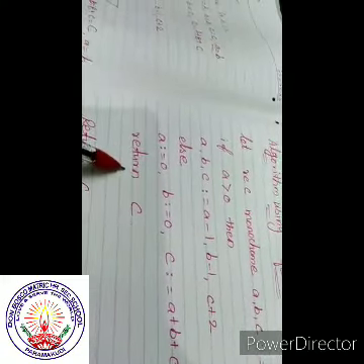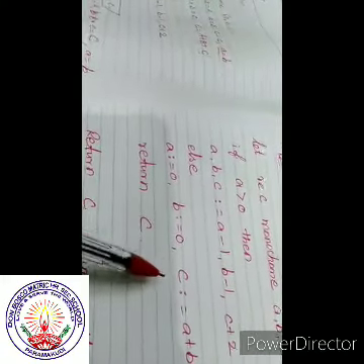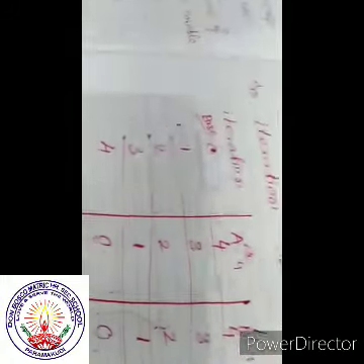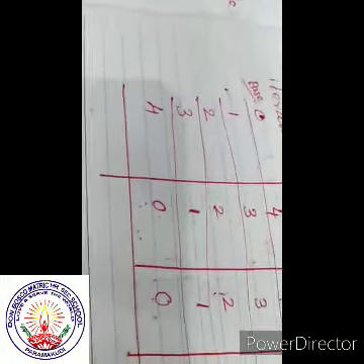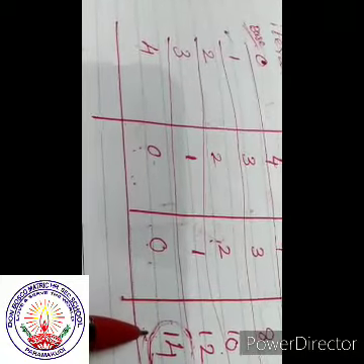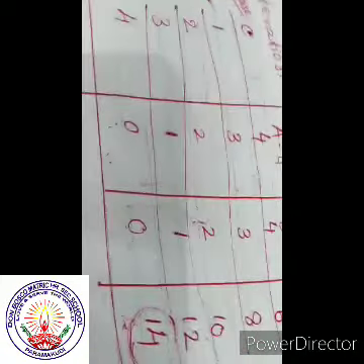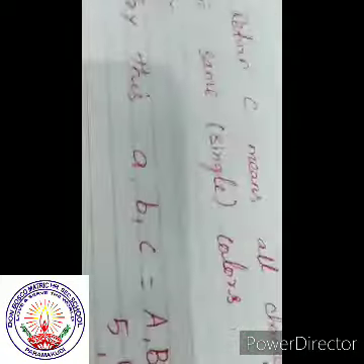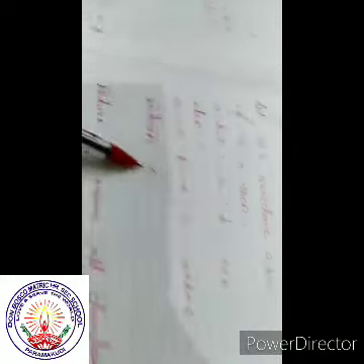Then return c. So what is the value in c? The value in c is 14. So it will display 14.